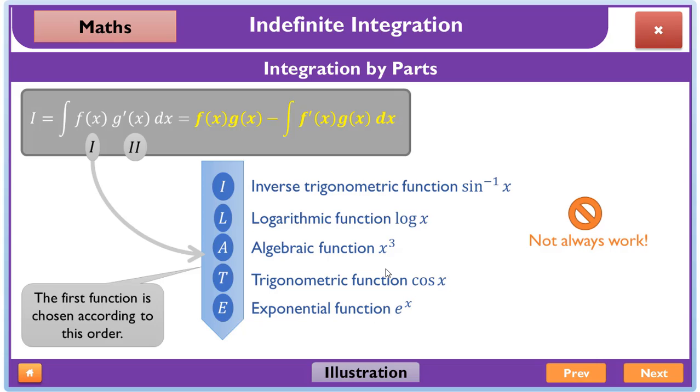And remember, this guideline doesn't always work. So let us see an illustration to learn how to use this ILATE guideline to select which should be the first function and which should be the second function.